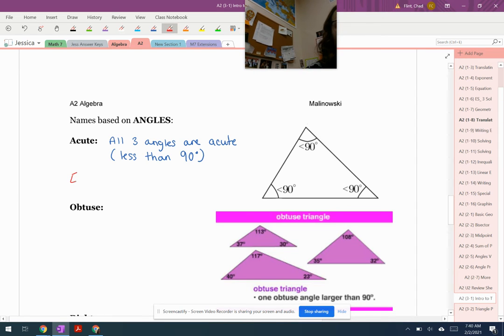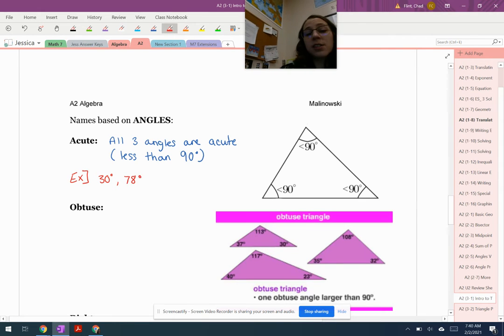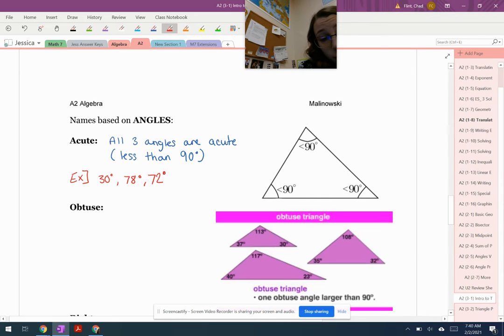So, for example, some angle measurements could be 30 degrees, 78 degrees, and to be clear, I can't just make the third one up. I can make those two up, but I have to make sure that it adds to 180. So 30 plus 78 is 108, and 180 minus 108 means the third one would have to be 72.